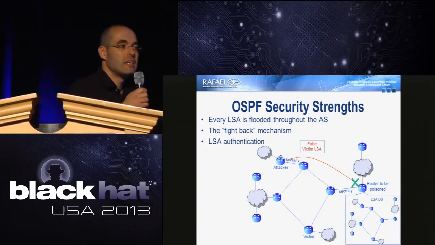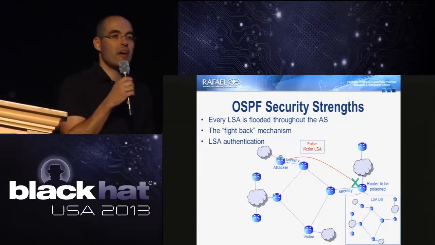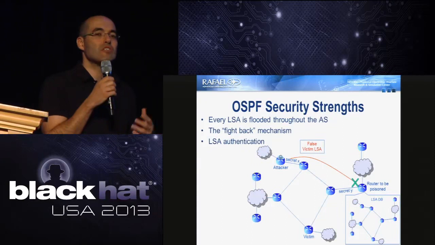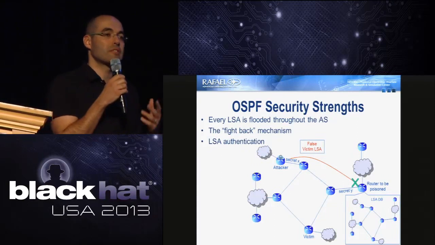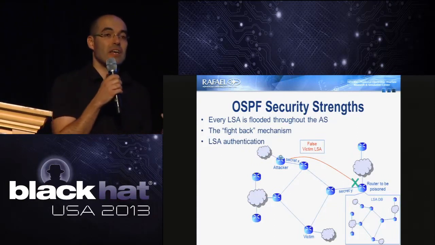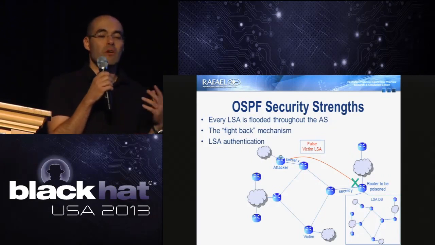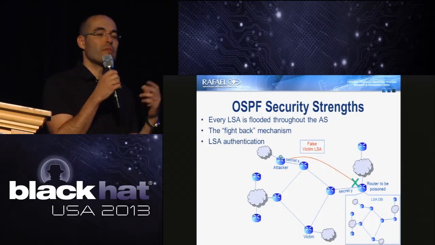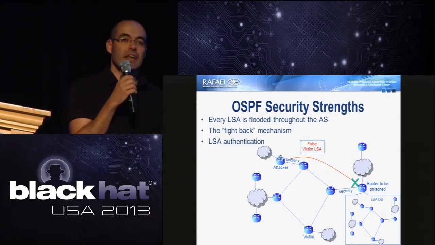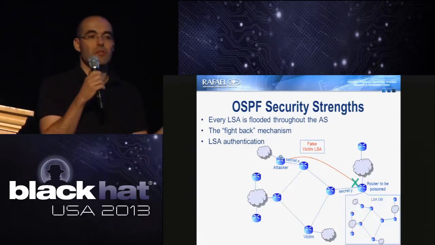Okay, and actually this means that an attacker is not able to persistently poison, in the general case, the LSA database of one router by falsifying an LSA of another router, a third router.